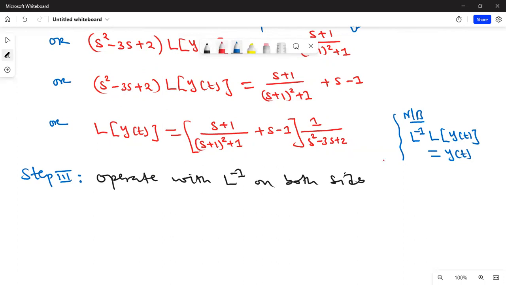So what we'll have on the left-hand side is y of t equal to L inverse of (s plus 1) over (s squared minus 3s plus 2) times ((s plus 1) squared plus 1).